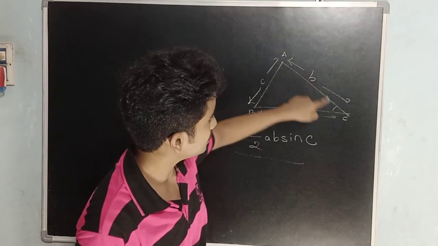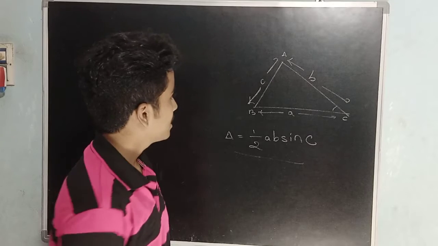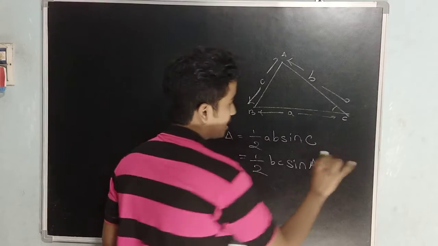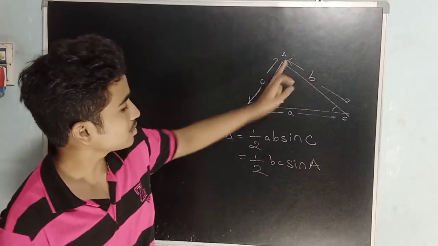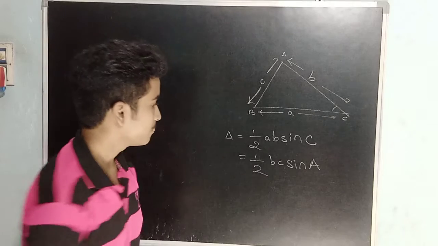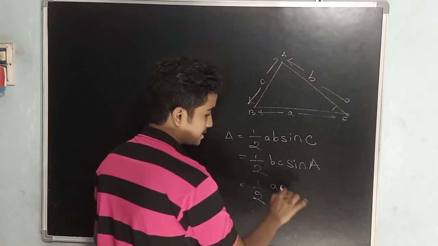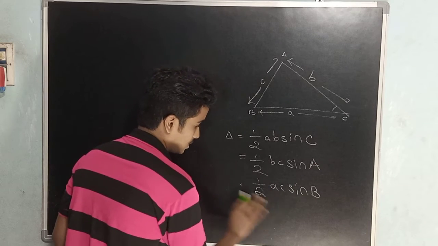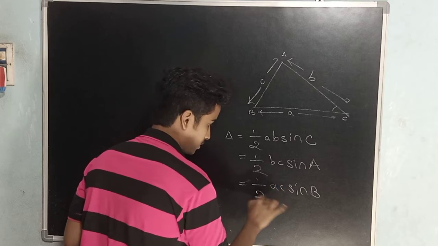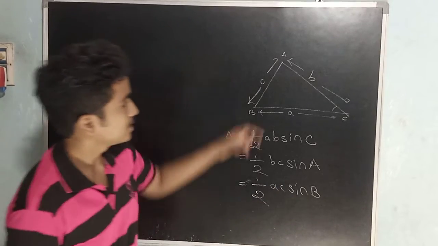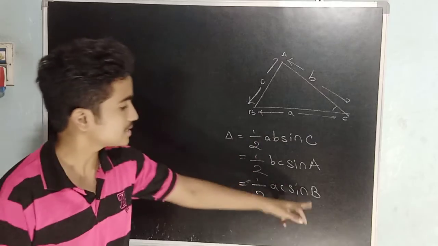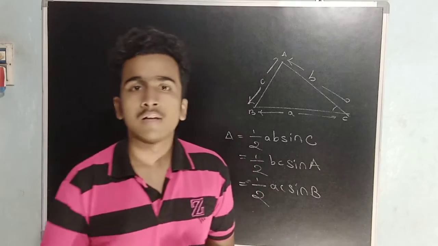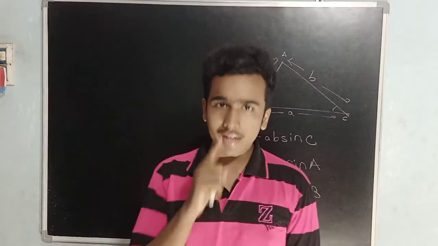Two sides a and b and its included angle C, as well as half bc sin A, b and c and the included angle A. Similarly, half ac sin B, a and c and the included angle B. For using this formula to find the area of a triangle, we should be provided two sides and an included angle.